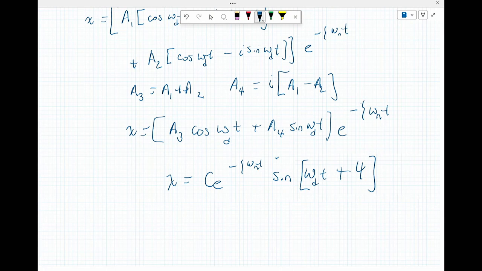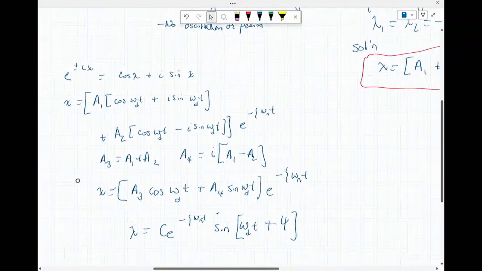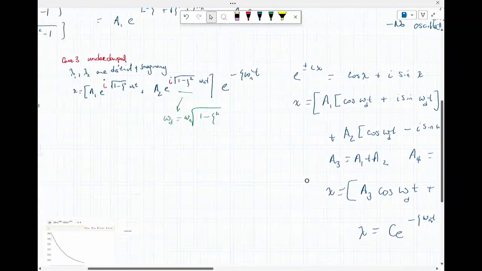What is omega d? Omega d is that damped natural frequency which I just defined, right here.